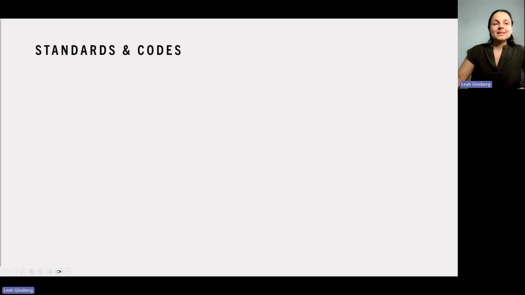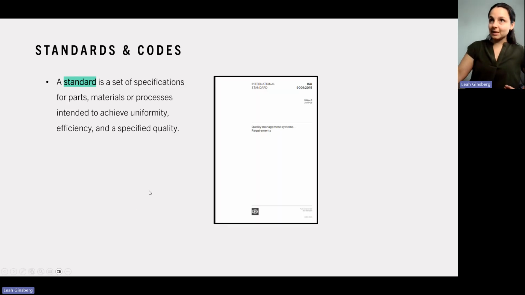All right, then to ensure safety, reliability, interoperability, engineers rely on standards and codes. So let's define first what standards and codes mean. A standard is a set of specifications for parts, materials, or processes intended to achieve uniformity, efficiency, and a specified quality.